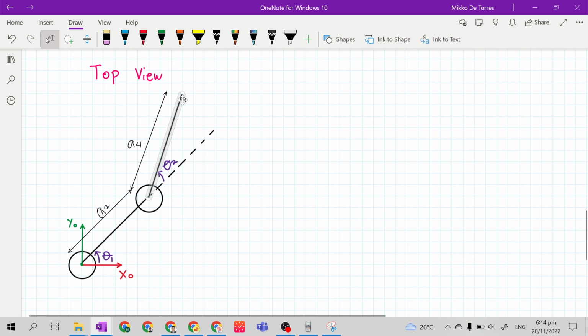So this is the end effector, class. Because this is top view, we can only see the y sub 0 axis and the x sub 0 axis.